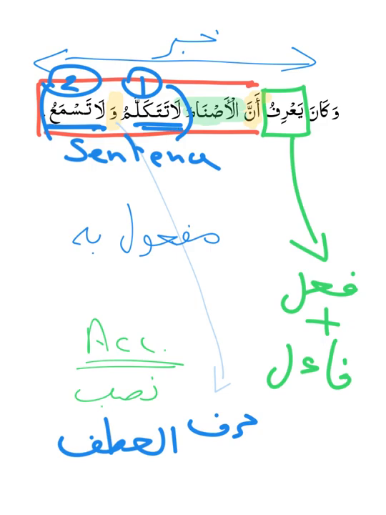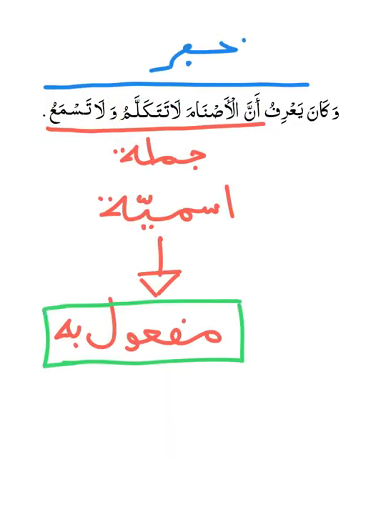It doesn't do anything else, meaning it's not an amil, it's not a governor. It doesn't affect the i'rab. Like anna is a governor. Why? Because it puts the ism into the accusative case and it puts the khabar into the nominative case. So if you look first at the blue line, everything which is below the blue line is the khabar of kana.